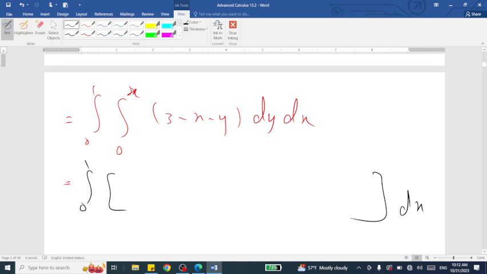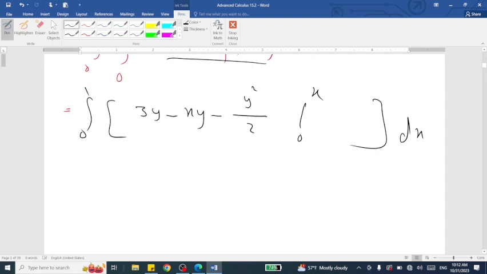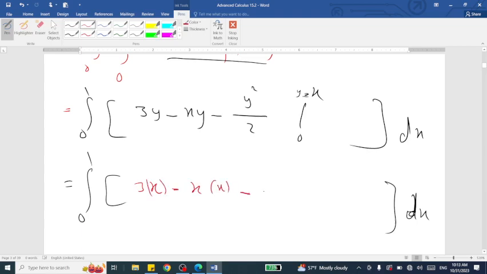Now, solve that one for me by dy. 3y, yeah? Over 2. From where to where? From 0 to x. Instead of each y, you need to substitute that one. Careful. So 0 to 1 dx. So I'm going to 3x minus x times x minus x squared over 2.